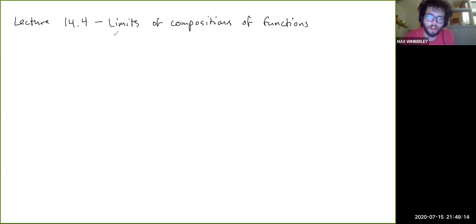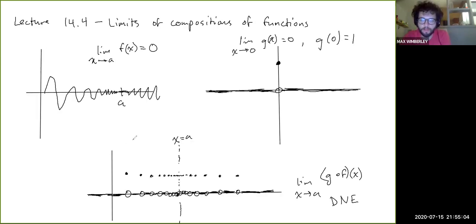Okay, so the issue is, well, I'm going to draw some graphs real quick. Here's an example where the limits of f and g are both perfectly well defined as x approaches a, these two-sided limits at least. But the real issue is that f actually achieves the value 0, which is its limit as x approaches a, and it achieves that value over and over again here.